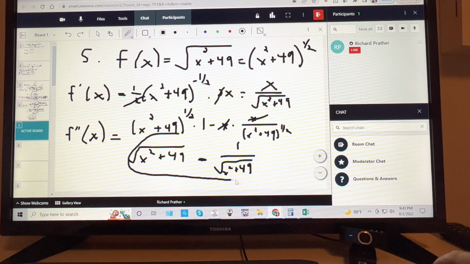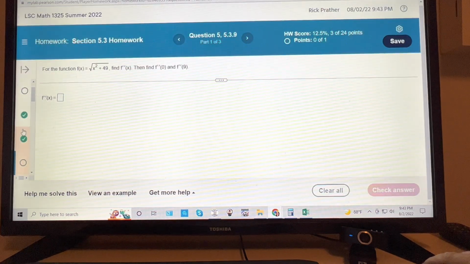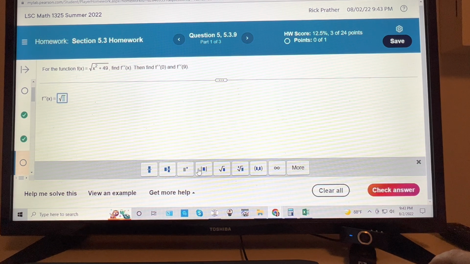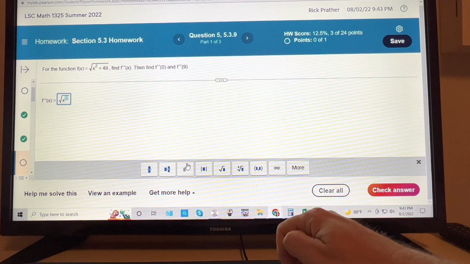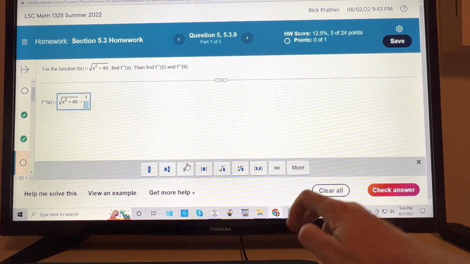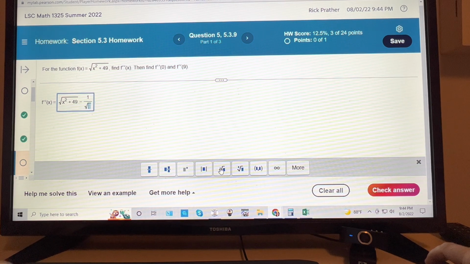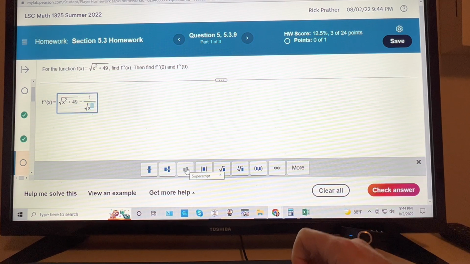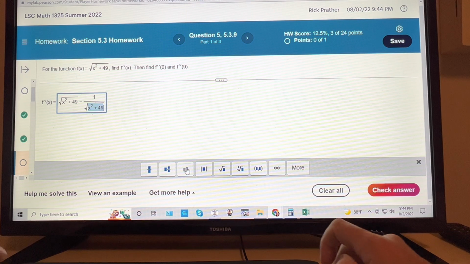And I don't know if they want you to make that all into one fraction or not, but we can try putting this in. So square root of x squared plus 49 minus 1 over square root x squared plus 49.